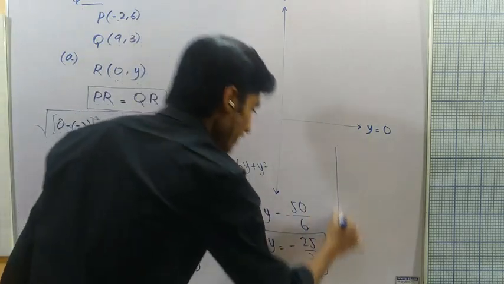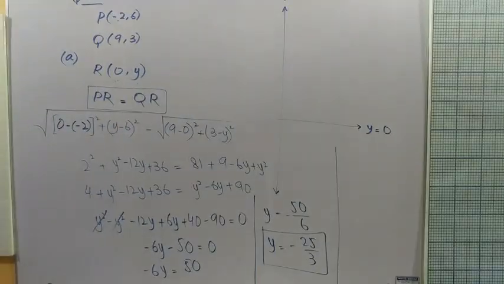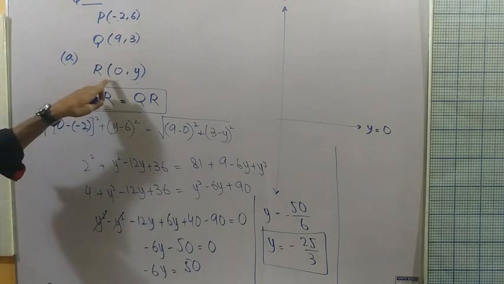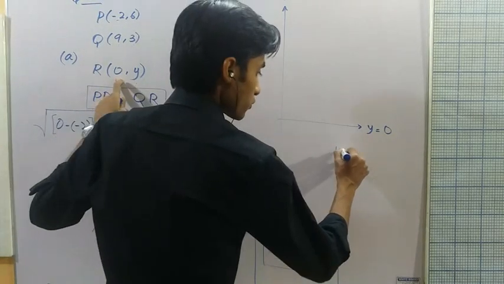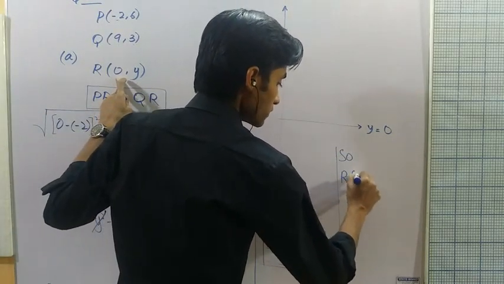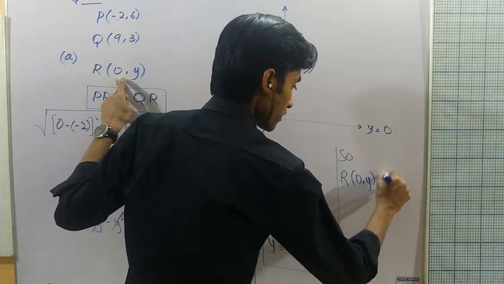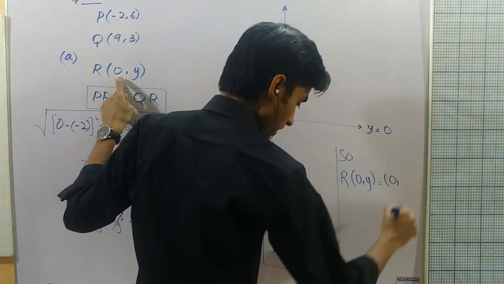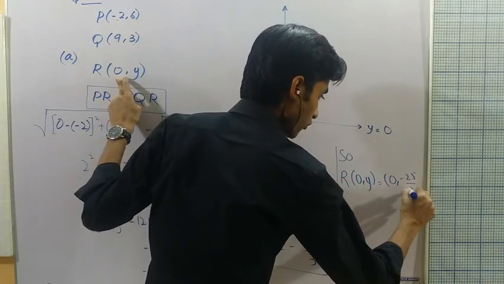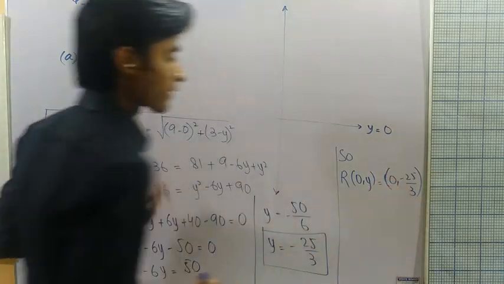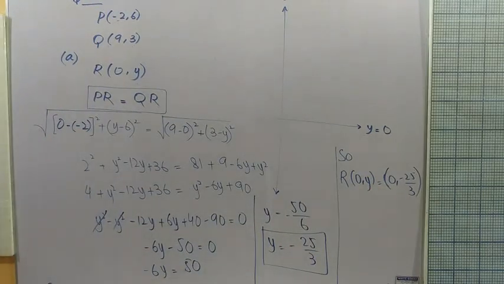So when I have the value of y, now I can tell the value of R completely. The value of R is going to be 0 comma y. 0 will remain 0. So R, 0 comma y, is now equal to 0 comma minus 25 over 3. This now is the value of R.